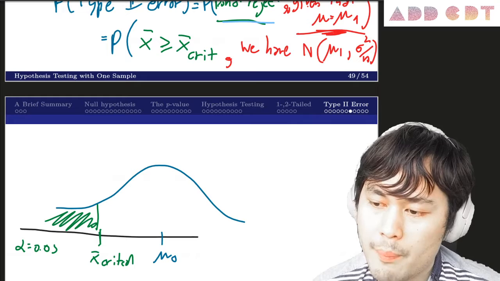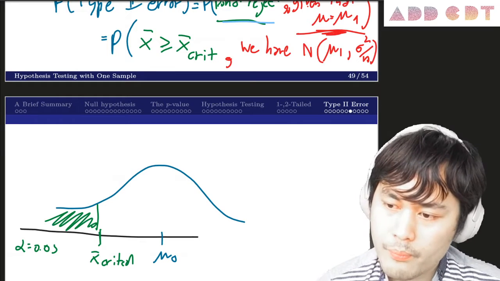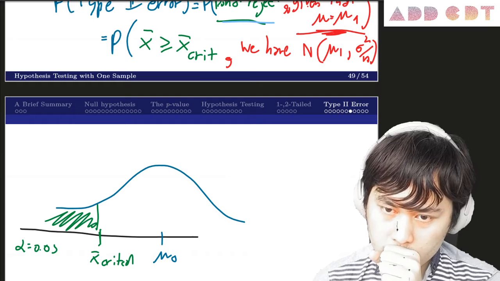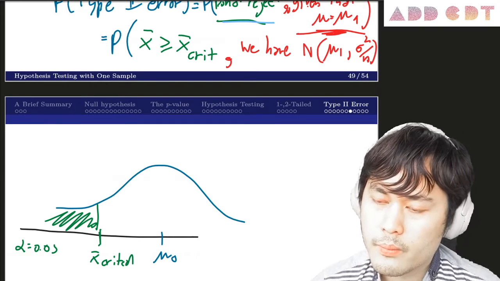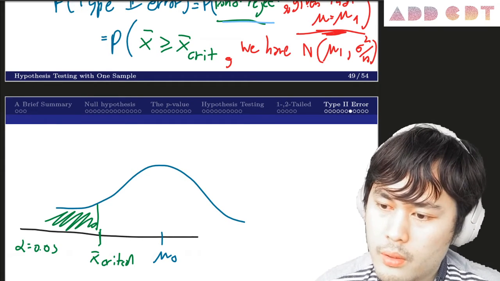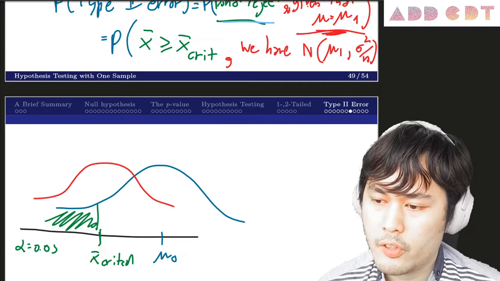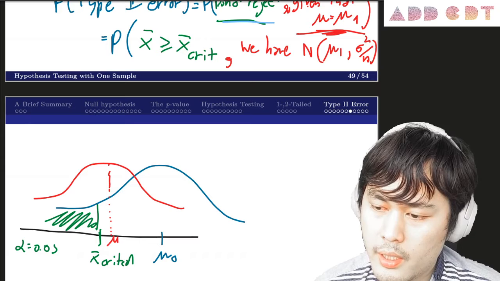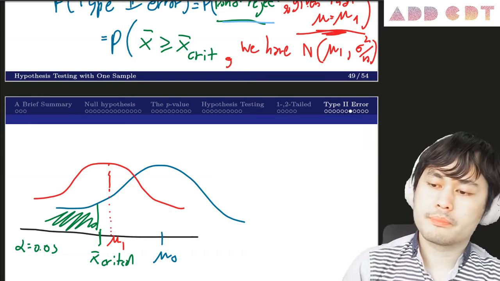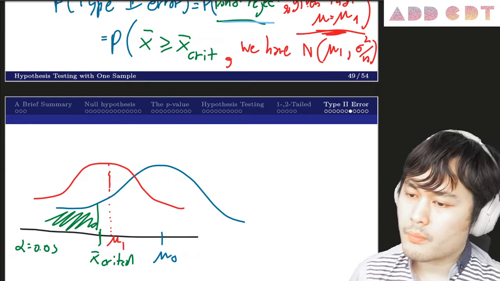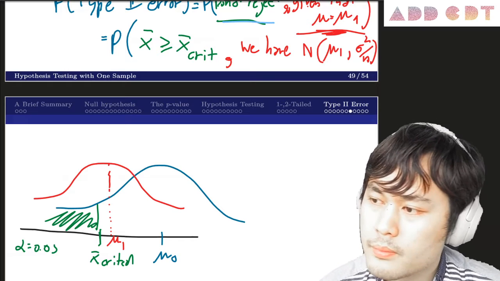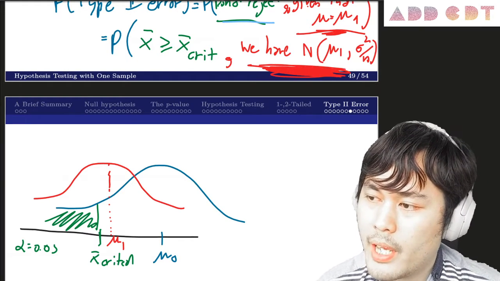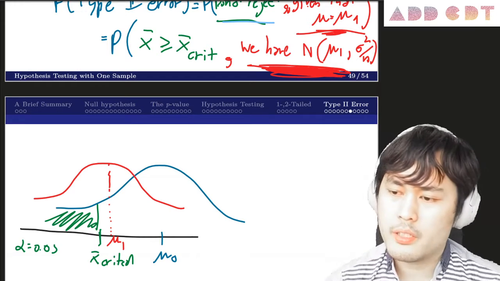So what happens if we are wrong? We are wrong when this happens, right? We are wrong when the average is actually mu1, which means that we have a different distribution instead.